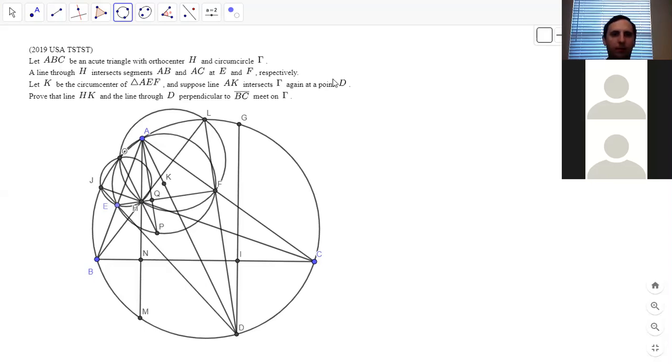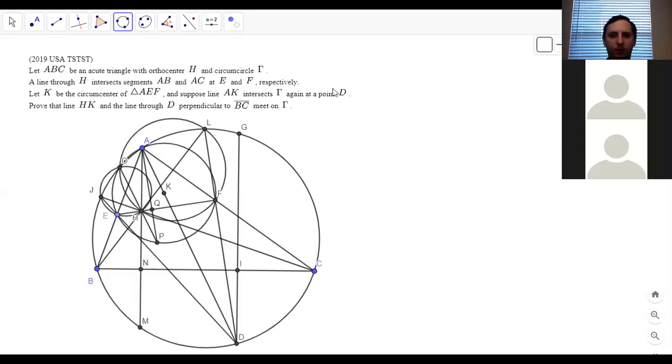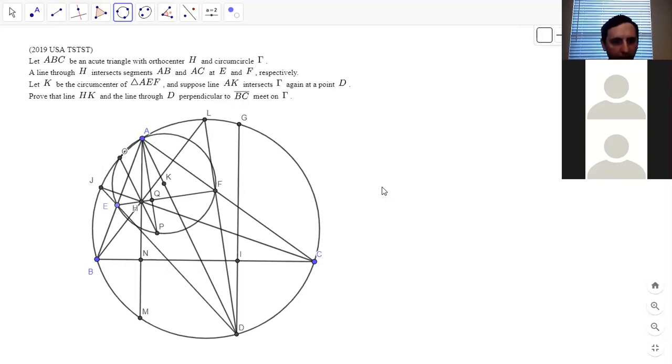Not sure. So J, O, E, H. I'm just going to erase the circles for now, but let's see.